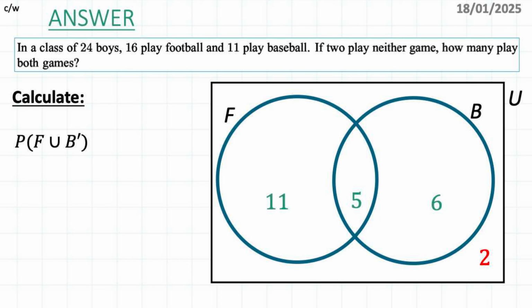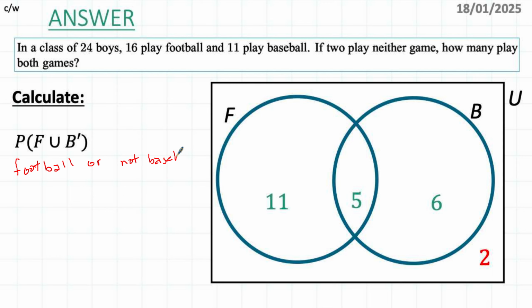If I'm looking at football union B complement, first interpret what that means. So I'm looking for football or not baseball. So I'm looking for either football, so translate, you know what it means, or not baseball.